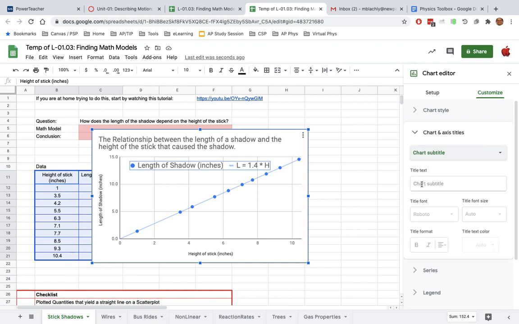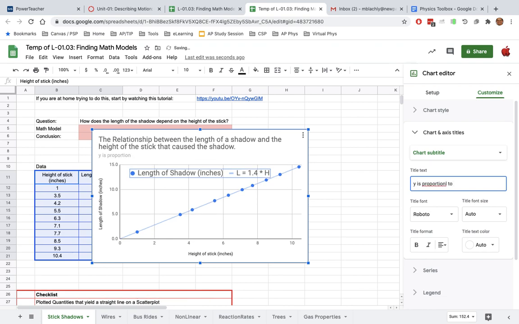The subtitle is going to be the conclusion. Because I have a straight line that goes through 0, 0, the conclusion is going to be that y is proportional to x, except we never use y and x. The conclusion needs to be a sentence. So I need to put in what is on my y-axis.